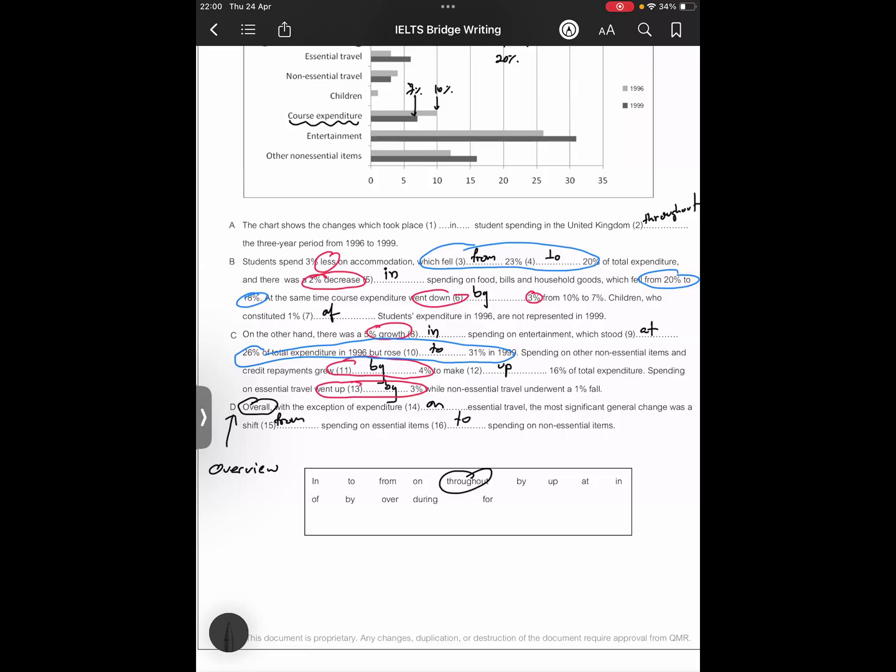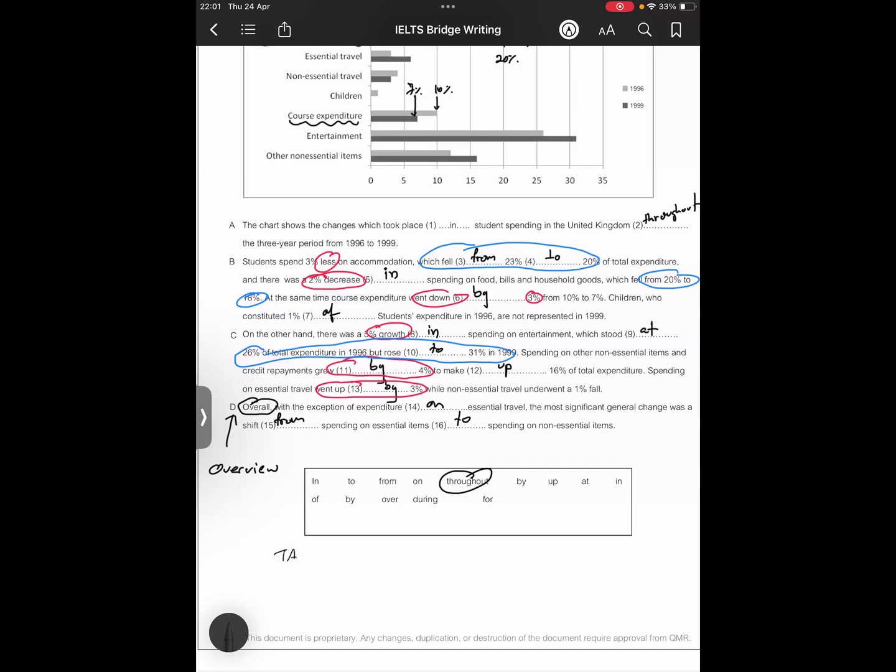So it's a no-brainer, but it's quite an effective strategy because it allows you to write quickly because you don't have to think too much. But a downside of this is you have to think about what you can do to vary the structures and the use of vocabulary so that you don't repeat the same words over and over. Okay, so that's the downside.